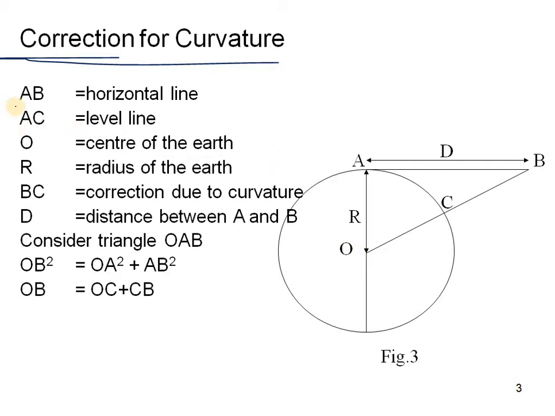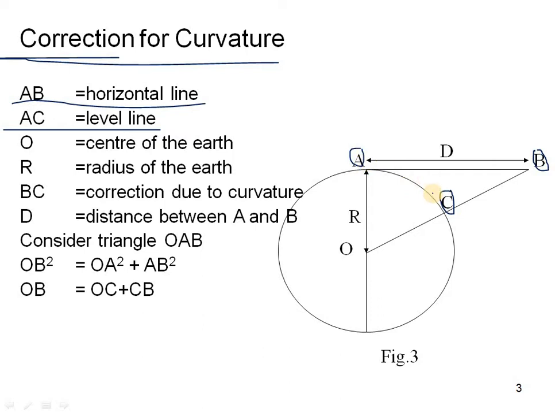Let us see here: AB is equal to the horizontal line. This is our AB, A and B, which we determine as the horizontal line, and there is another line, AC. AC is equal to the level line. This we call the level line.